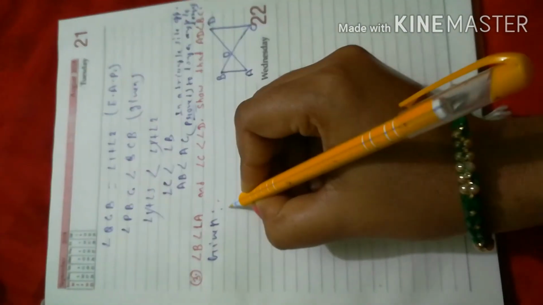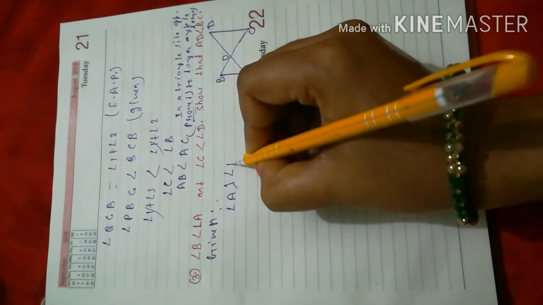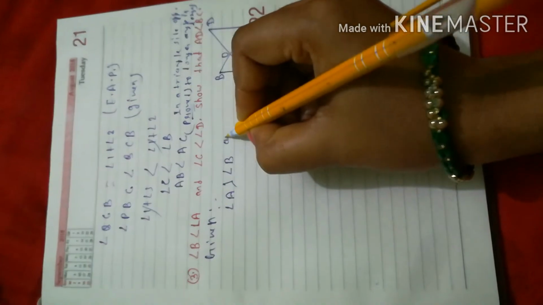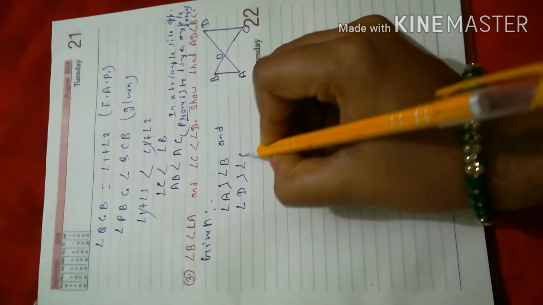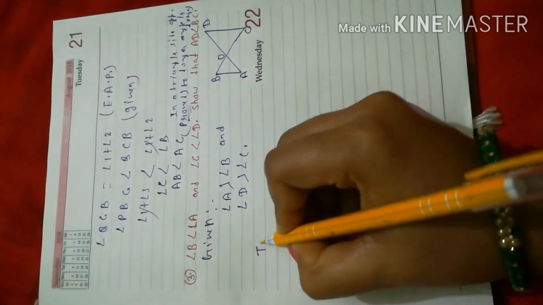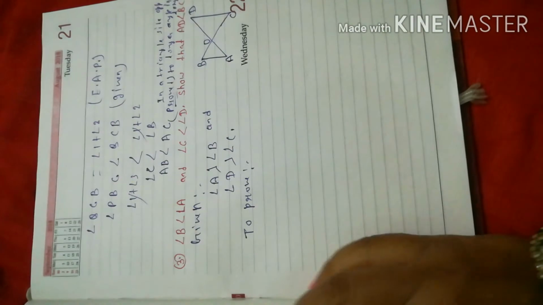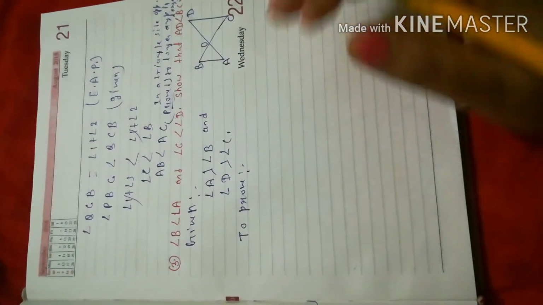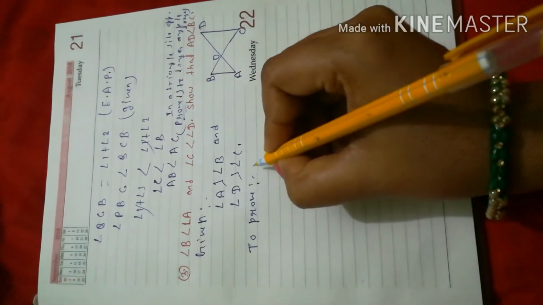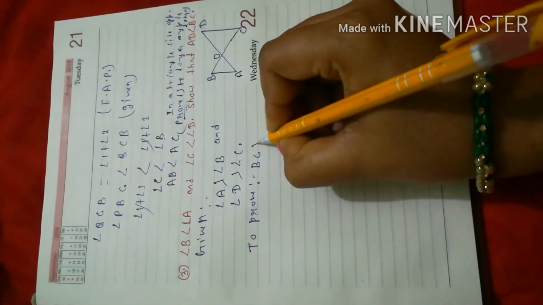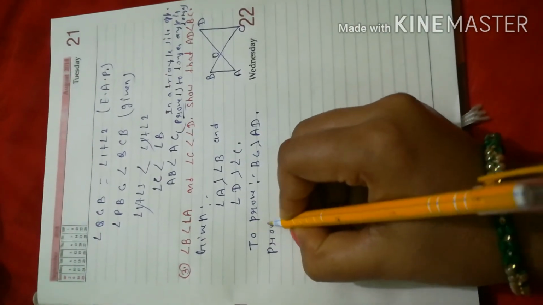Given: angle A is greater than angle B and angle D is greater than angle C. Then we will write, to prove: BC greater than AD. Now we will start the proof.